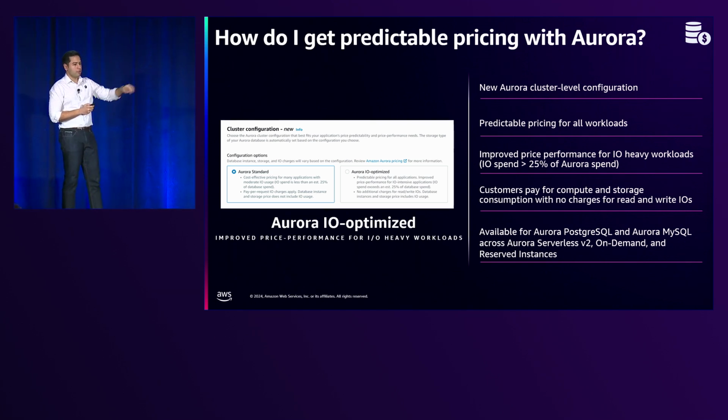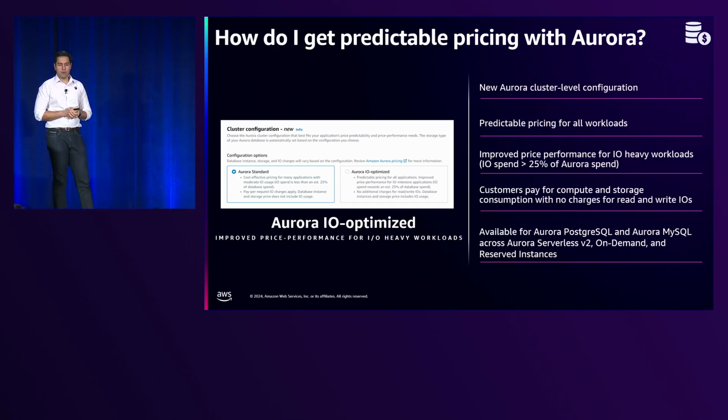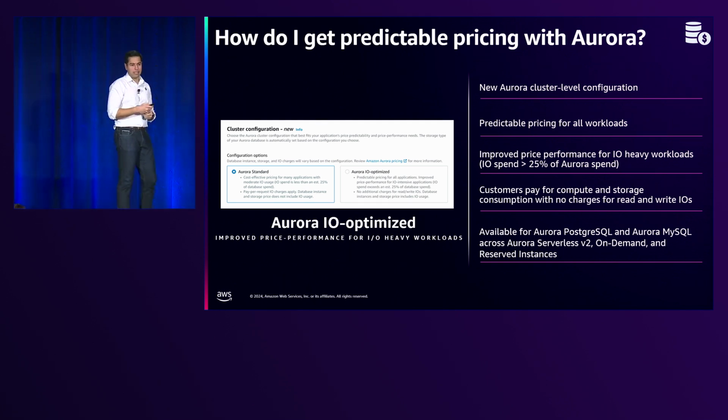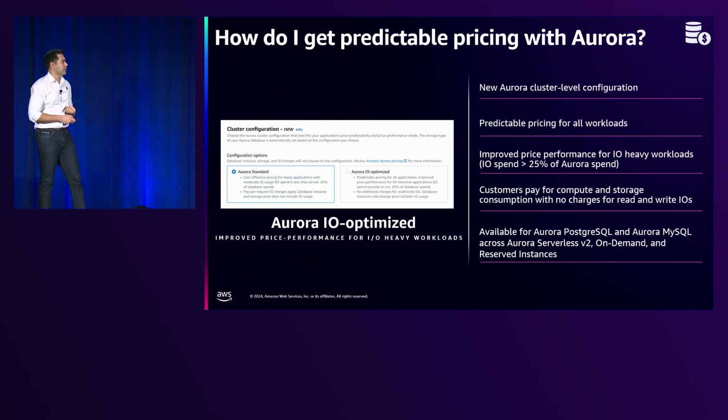So we recently also launched Aurora IO Optimized, a few months ago, but this gives you a much more predictable price performance for all workloads, especially for the IO-heavy workloads, because you no longer have to pay for IOs, which might be consumed for every read and write. You also consume IO for operational activity on your databases, including auto vacuuming. And with IO Optimized, you just don't have to worry about it. You get a fixed bill for just storage and just compute with no IO charges.